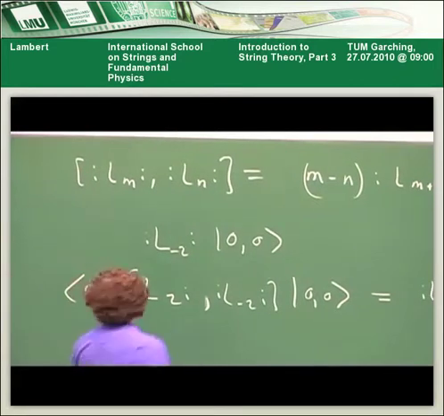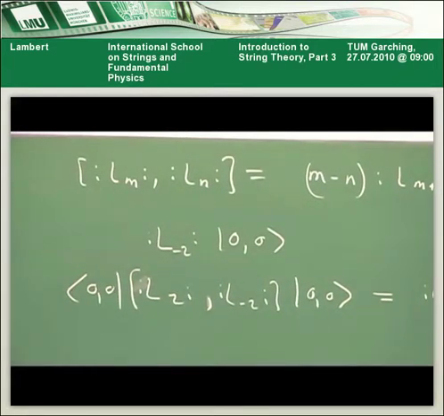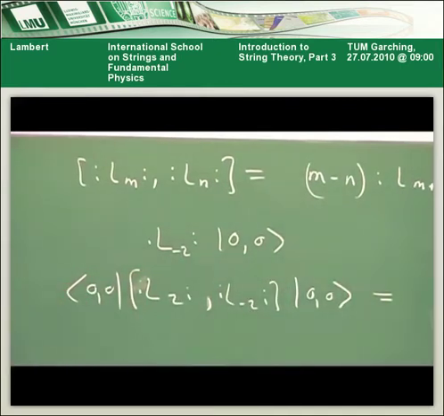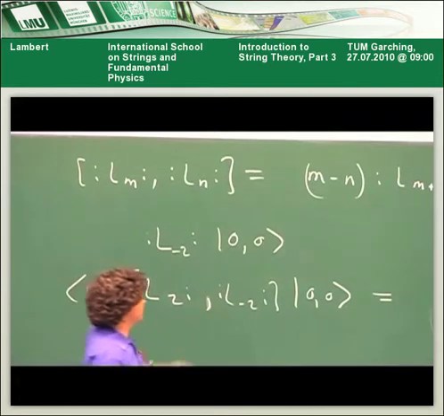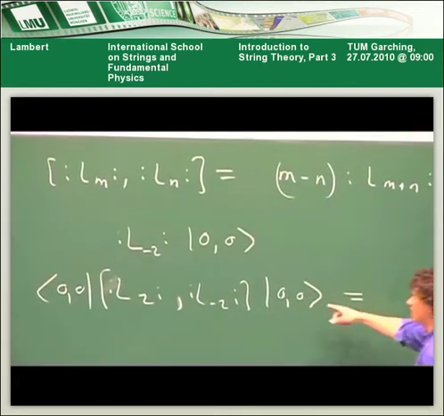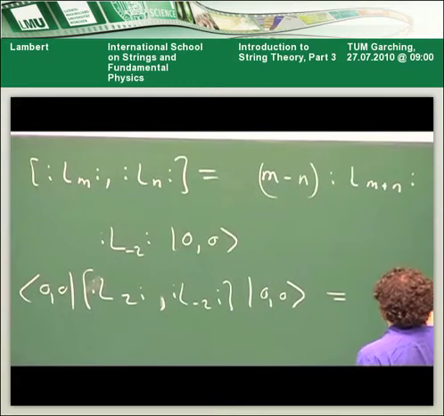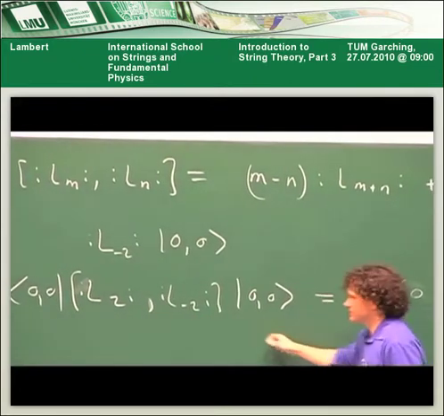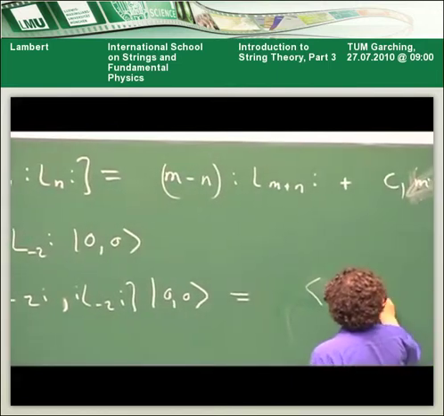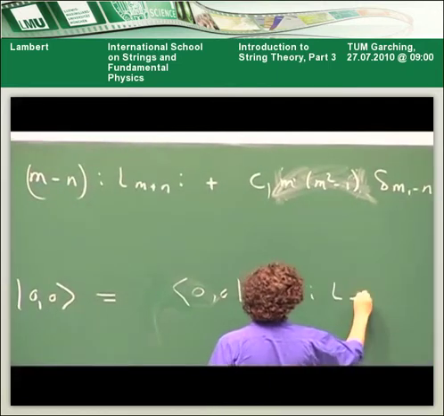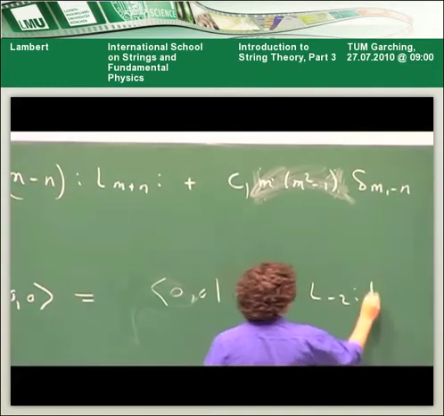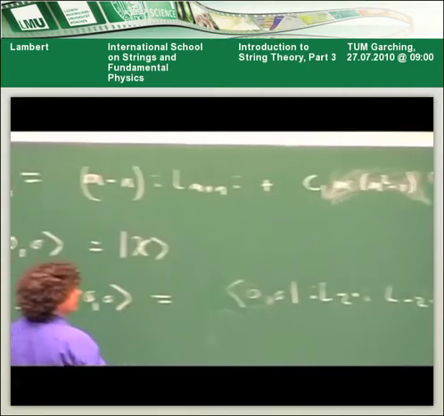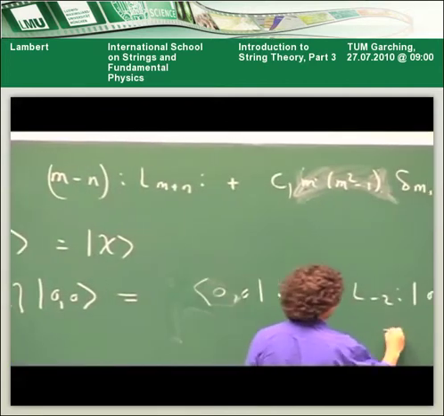So the point is, on the one hand, it's the commutator, but actually only the first term contributes, because the second term, where there's L minus 2 and L2 here, annihilates this vacuum state. So it is just this. If you think of this as being some state chi, then this is just the length of chi.